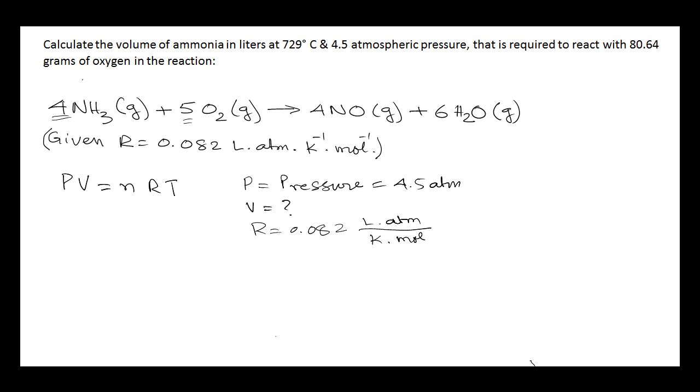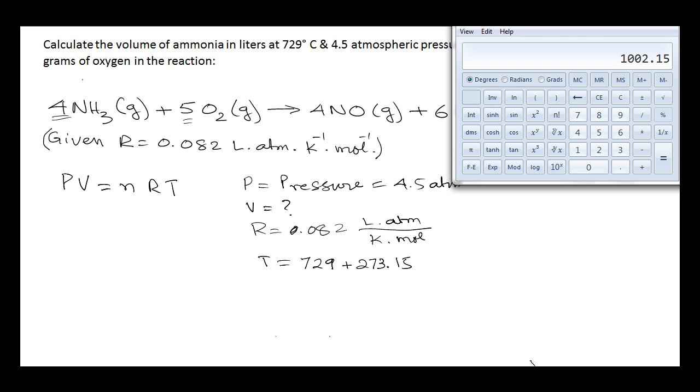So let me write the R over here. T is the temperature in Kelvin. The temperature that we have is 729 degrees centigrade. So we have to add 273.15 to get the value in Kelvin.